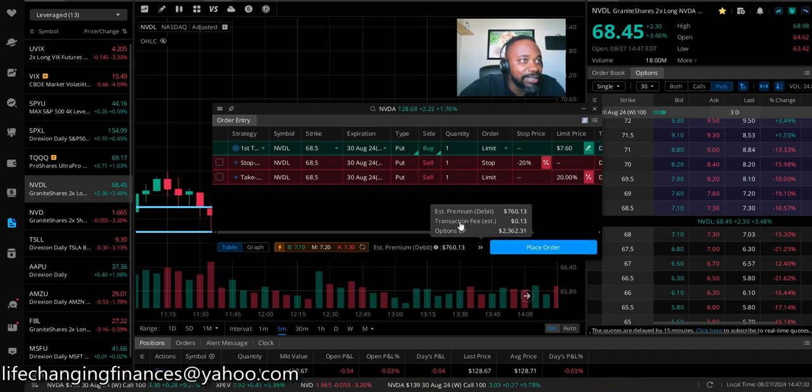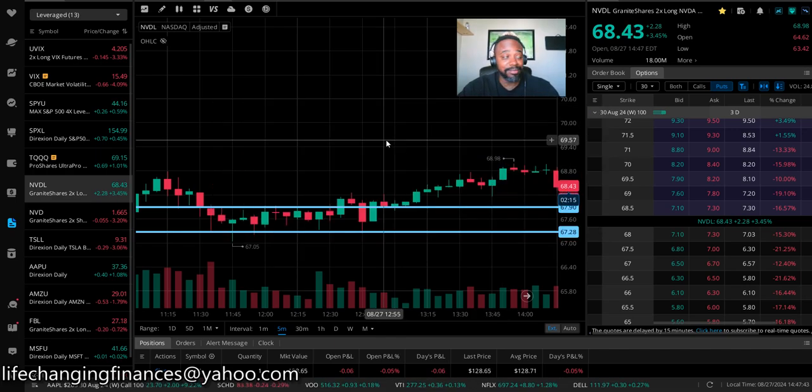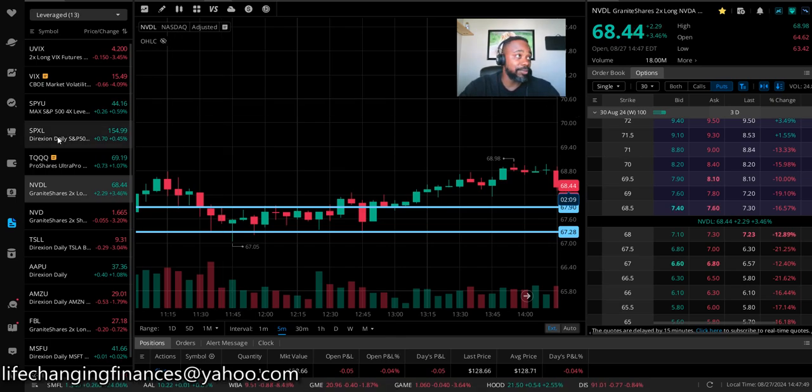You can see that transaction fee, they would be charging us 13 cents just to get into that thing. Now, you'll notice with some of them, they'll charge you $1, $2, $3, depending on what kind of stock option you're going with. So you've got to be careful with that. Now, even when it comes to futures, they may charge you a couple bucks as well.